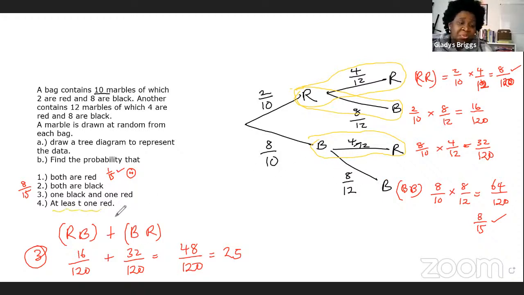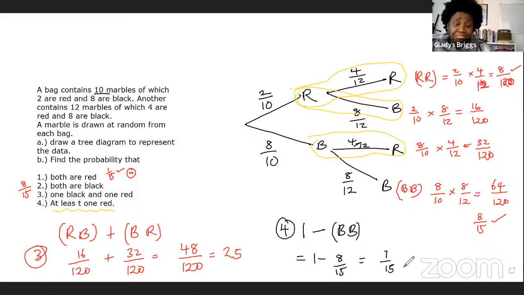So to have at least one red, you can either add all these ones up, or you can do 1 minus blue and blue, okay? Because all of them equal to 1, yeah? So if you subtract this one from it, then you will get all the rest of them. Do you understand? So 1 minus 8 over 15 is equal to what? 7 over 15. That's it.